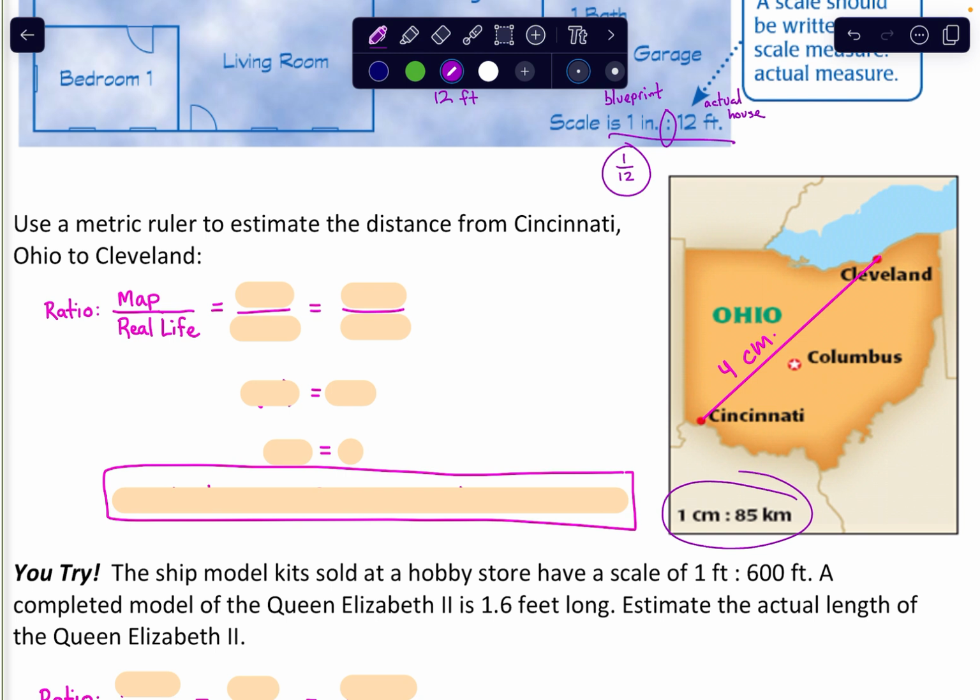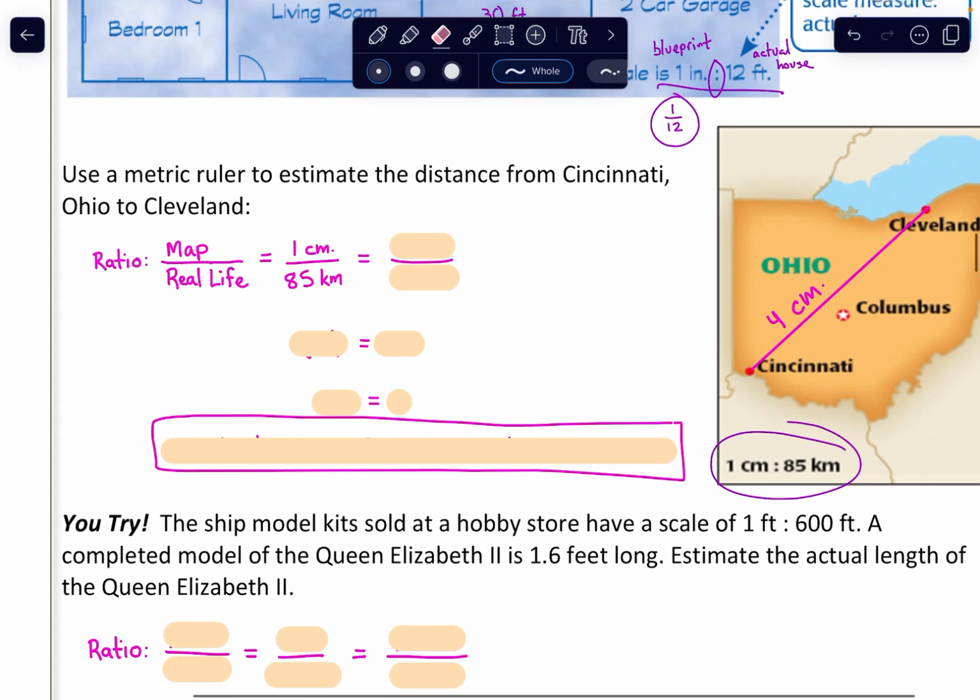So if you don't know what these labels are, look them up on Google, but we should know that a centimeter is smaller than a kilometer. So the centimeter must be the map and the real life must be the kilometers. So if I'm doing map on top, real life on bottom, then I'm putting 1 centimeter on top, 85 kilometers on bottom.